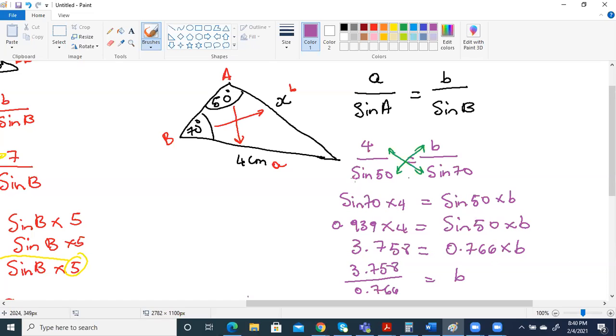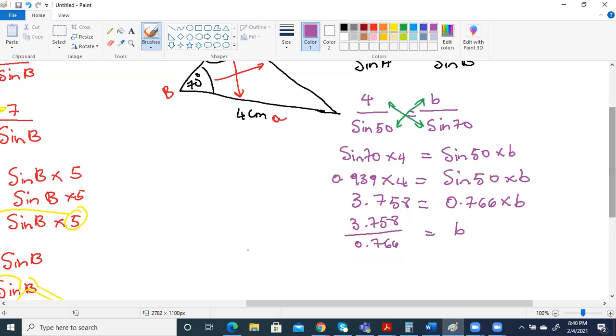When you plug that into your calculator, what do you get? What answer do you guys get? 4.9033, one long number.